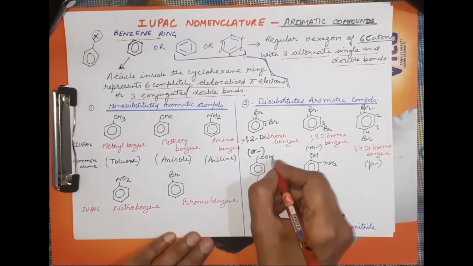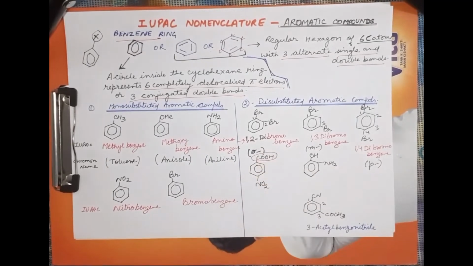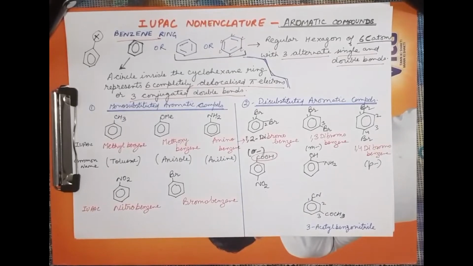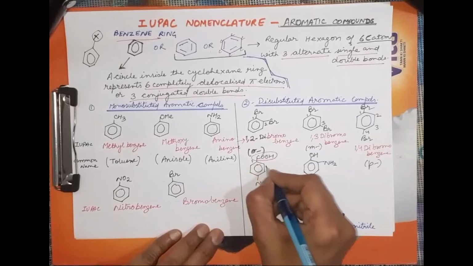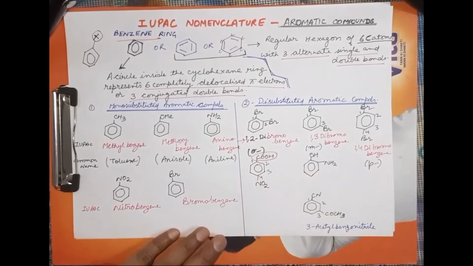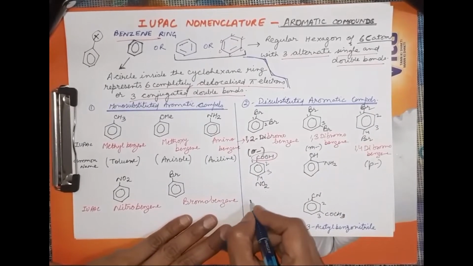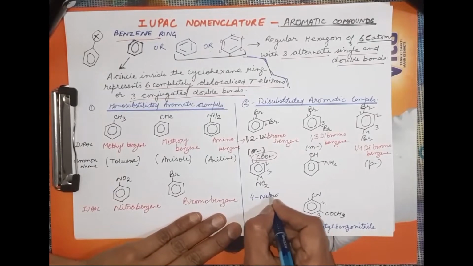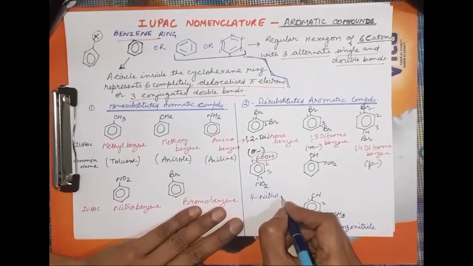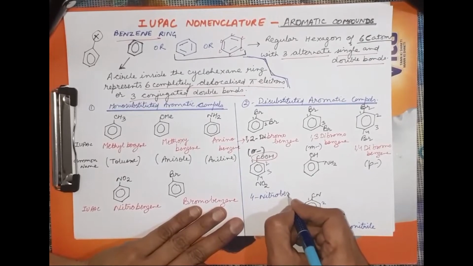So this is the principal functional group in this case. So this will be given the number 1. 1, 2, 3, 4. So the name will be 4-nitrobenzoic acid.